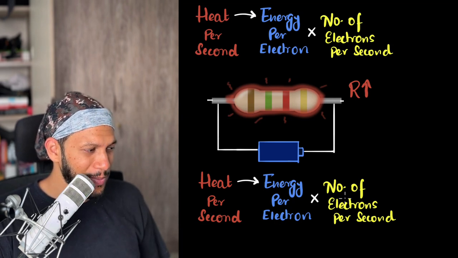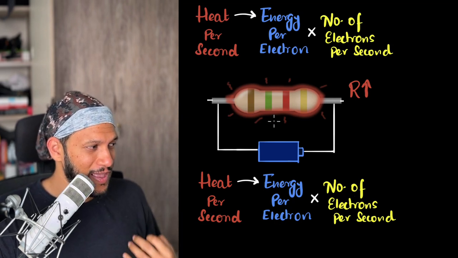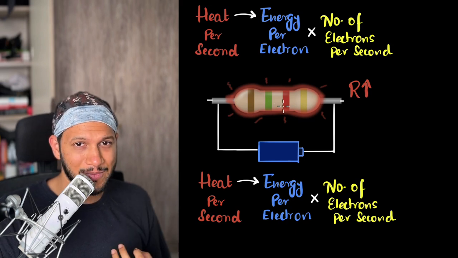But what happens to the number of electrons that are colliding with my atoms in the resistor per second? If your resistance in the circuit has increased, but your battery, the push, has stayed the same, what is going to happen to the current? Well, the electrons are going to flow a little slower now because they get the same push, but there's more resistance in the circuit. So electrons are going to have a harder time, and so they're going to flow slower.